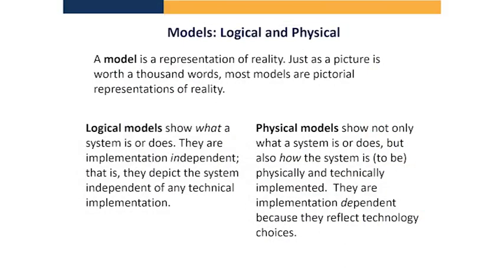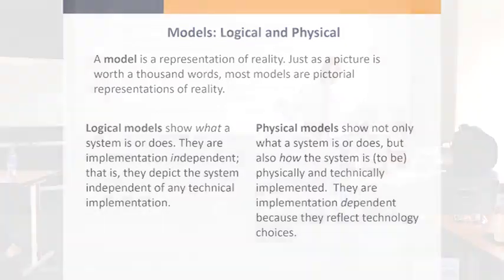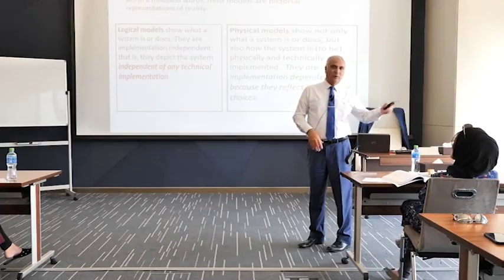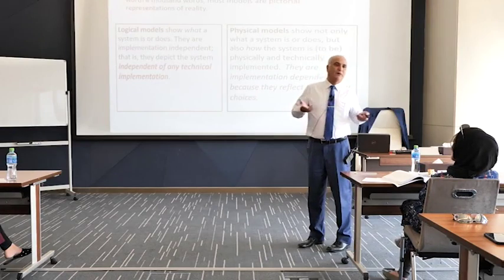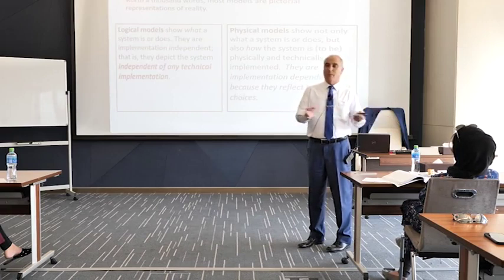So once again, we have a model, which is a representation of what we want to do. That model goes into two categories: logical model and physical model. The logical model is independent of technology. It's like the diagram for your house, the blueprint.